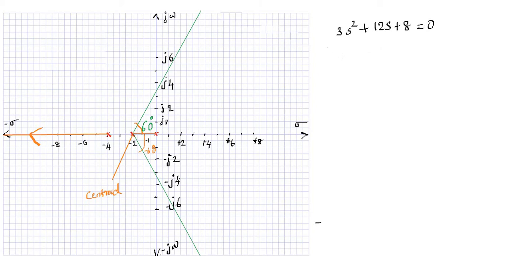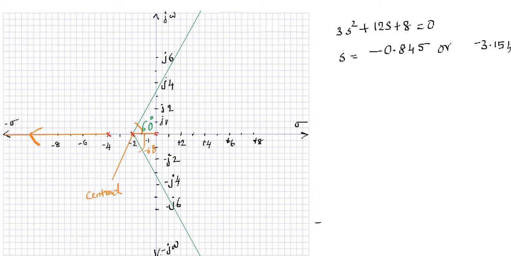On solving the quadratic equation, we can find s is equal to minus 0.845 or minus 3.154. So, we have two values for s.